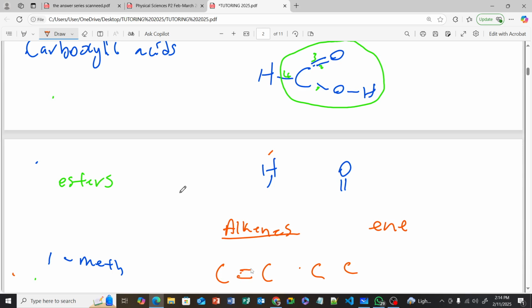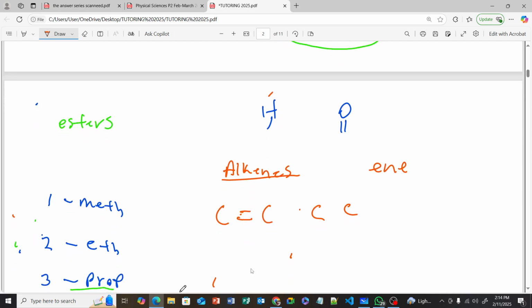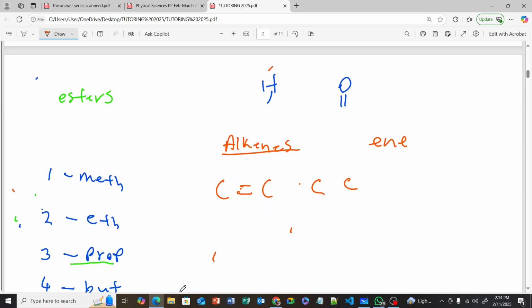Please remember, guys, that around every carbon atom there must be what we call 4 bonds around it.